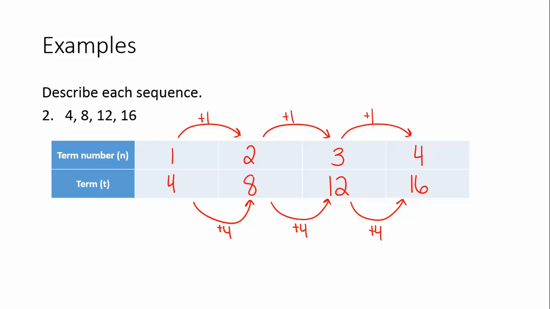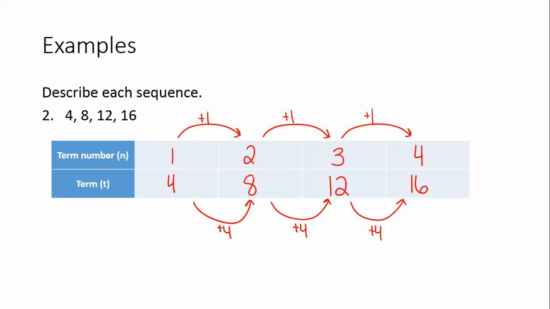So while the terms have a common difference of 4, the question is, how are we getting from the term number to the term itself? Well, you might say, from the first term number, 1, to 4, we add 3. That rule has to apply all the way down the table. 2 plus 3 is not 8. 3 plus 3 is not 12, and 4 plus 3 is not 16. So that's not going to be the rule for how to find a specific term.